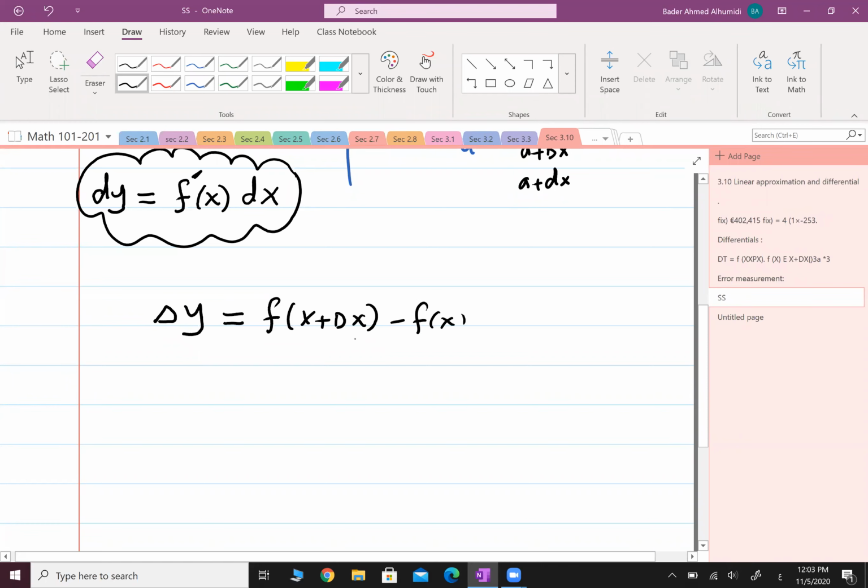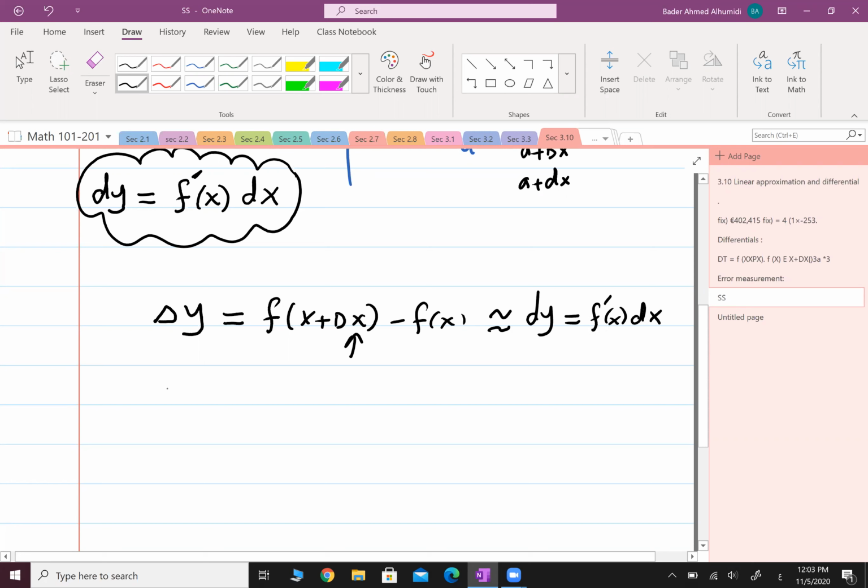If we make an error in the x measurement by delta x, the corresponding error in y is called delta y. This is called the maximum error or the exact error. This can be approximately found by dy, which is f prime of x dx.